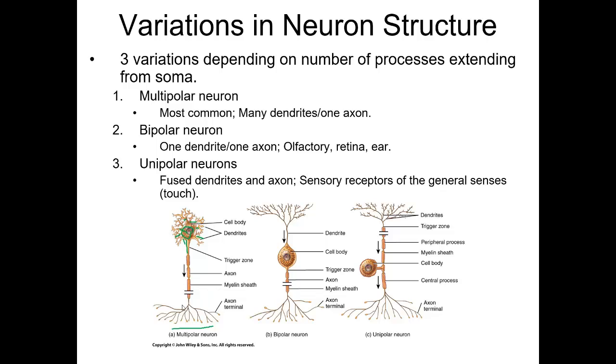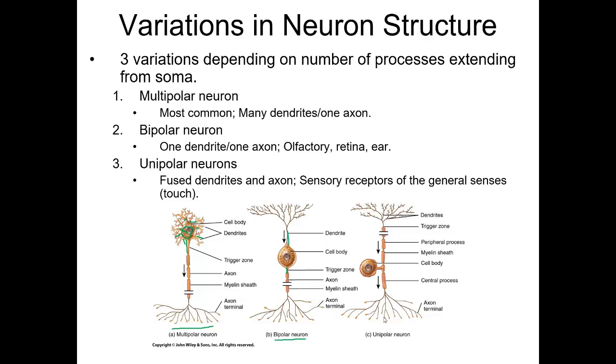The next type of neuron is a bipolar neuron. And these are common in the sensory organs. So olfactory, which is smell, retina, which is the eye, the ear. And if you look at this neuron, there are only two projections sticking out of the cell body.